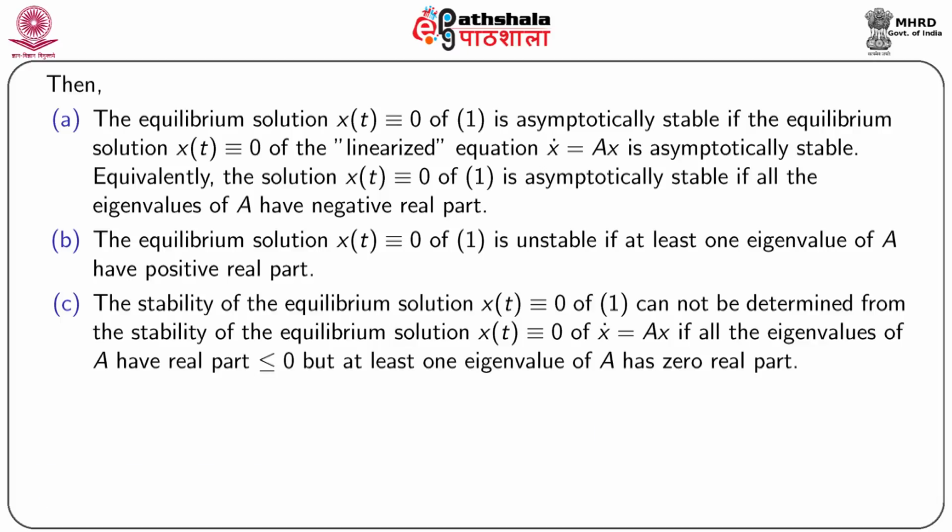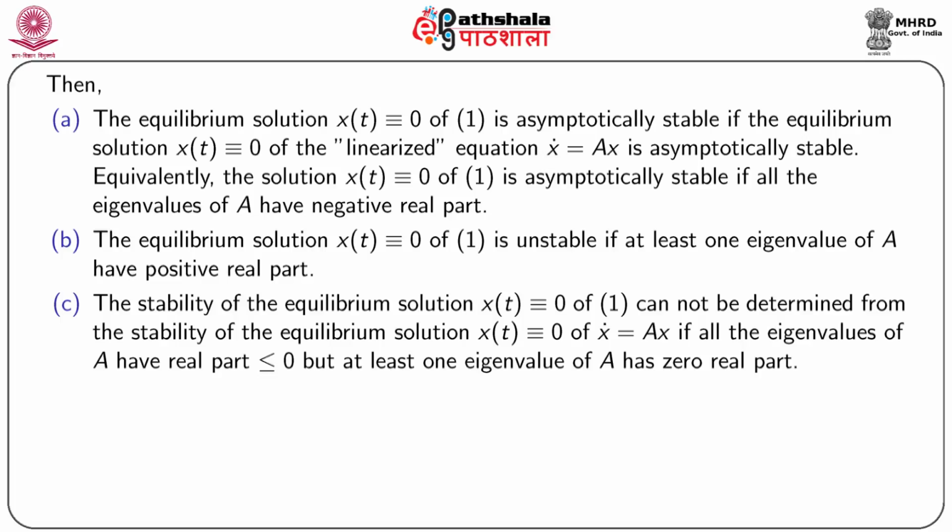Then, number A, the equilibrium solution x(t) equivalent to 0 of (1) is asymptotically stable if the equilibrium solution x(t) equal to 0 of the linearized equation x dot equal to Ax is asymptotically stable.